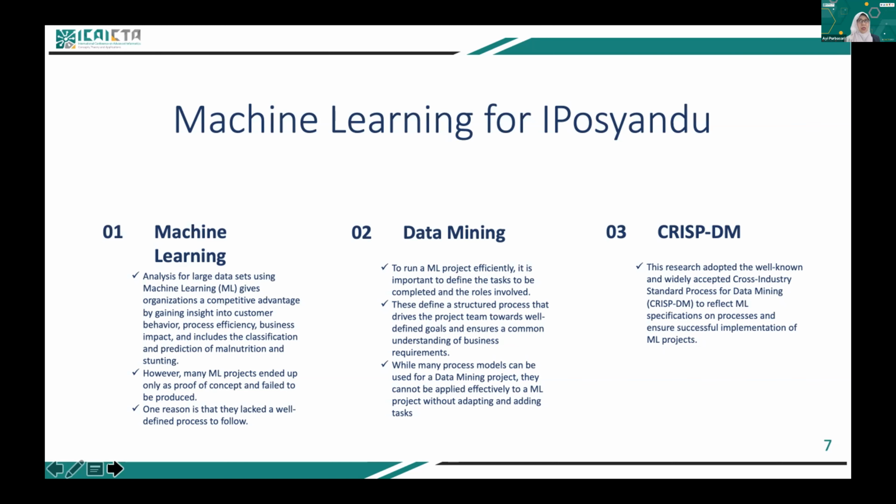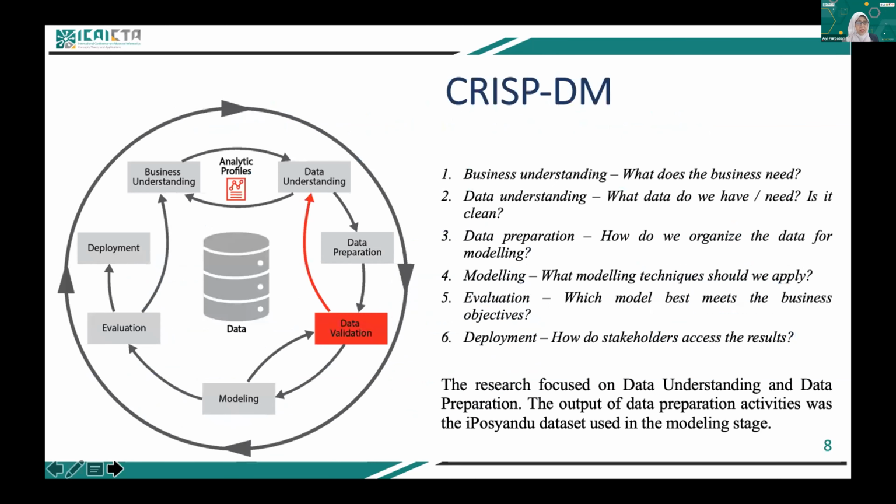Because various people use it, especially the users called cadres, who maybe have low digital literacy about how to use the application. Dr. Fedri asked me to help using machine learning to predict stunting, but I think we have to care about the data at first.